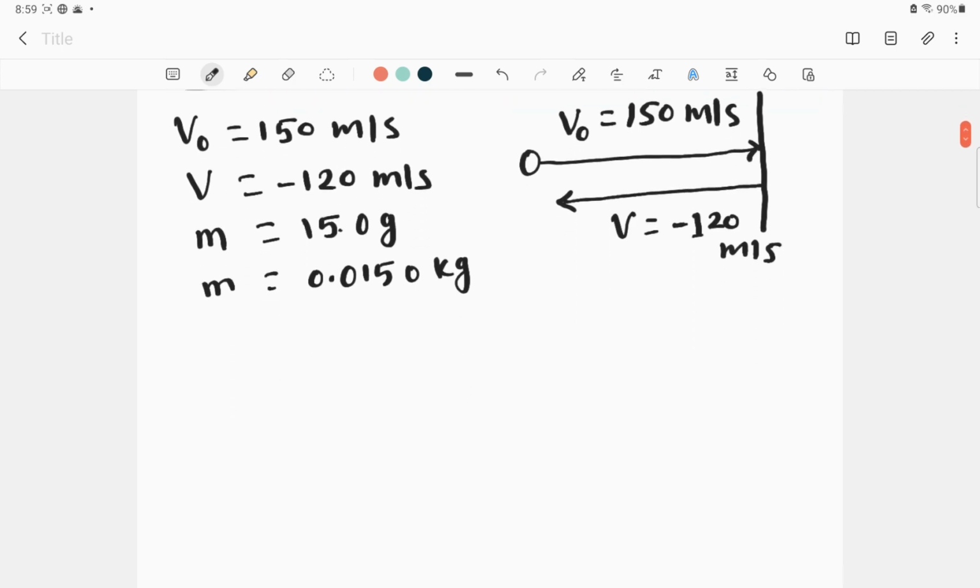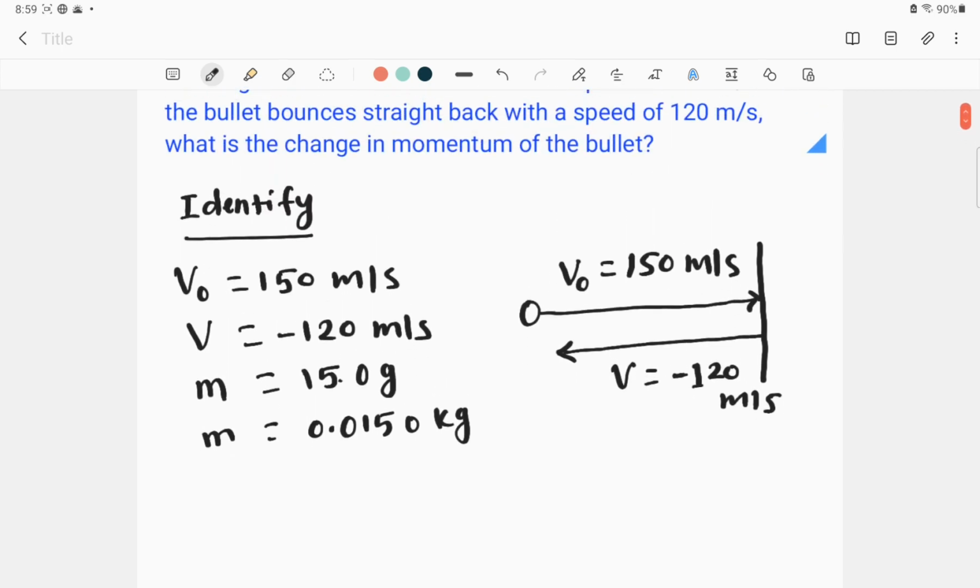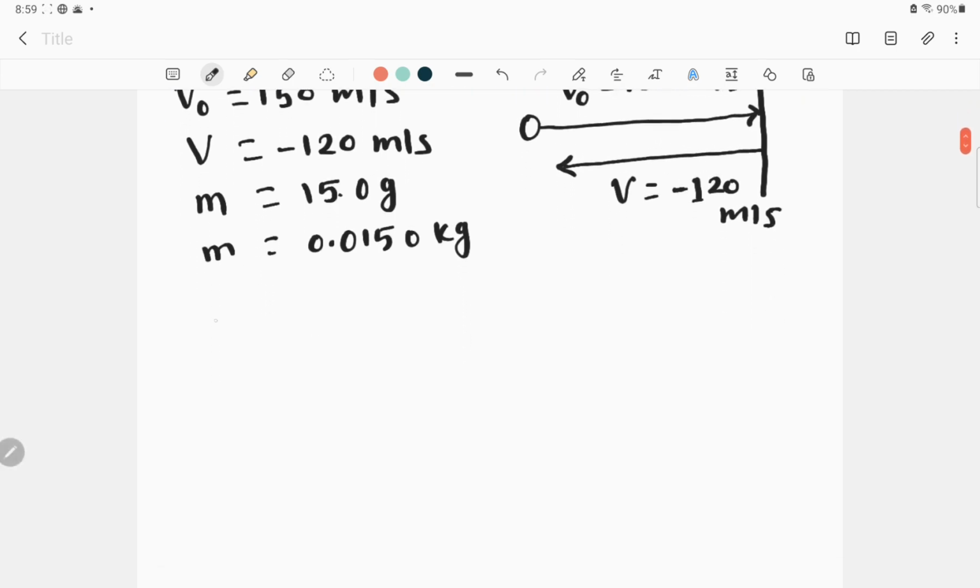Next, this is step 1, right? And the second step is set up. Set up means what equation should be used to solve this problem. So this is the change in momentum. What is change in momentum? Change in momentum is denoted by delta p and given by final momentum minus initial momentum, right?